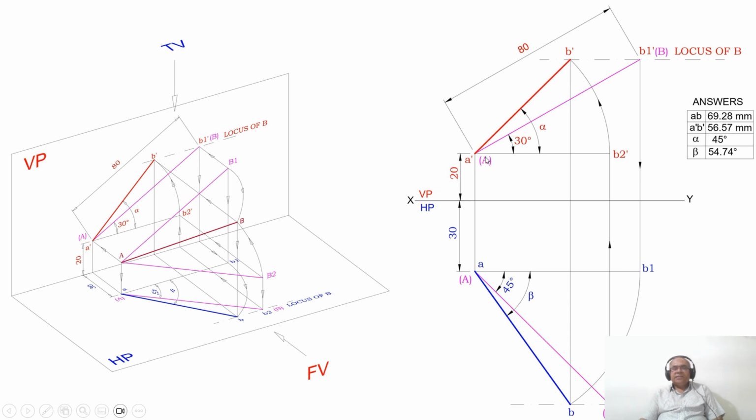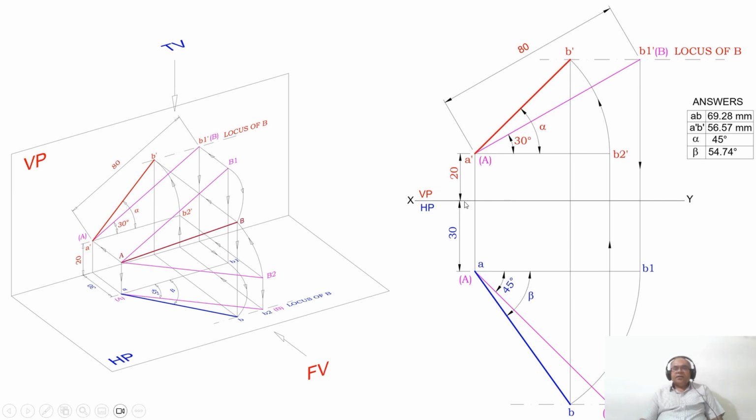This A dash B dash is equal to A dash B1 dash. This AB1 will be equal to AB. So this is going to be the final answer we get when you are doing it on the computer. Even so, now we will analyze how I know that this problem is right. This is the last part of your analysis.